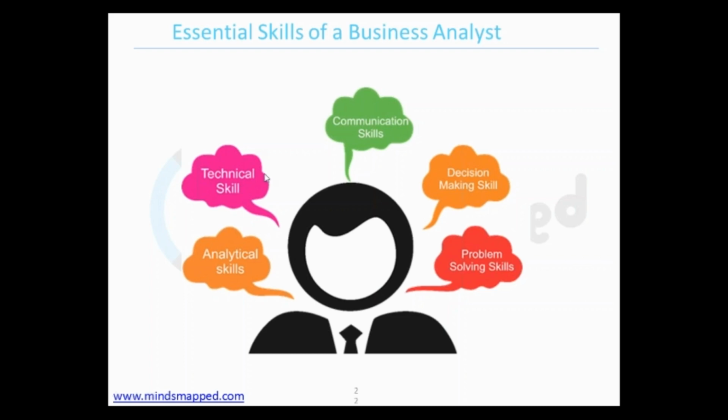Okay, so that thing will come when someone joins any organization. Then he or she will get to know what the business is and what the technical skills are that he or she needs to work on, right?